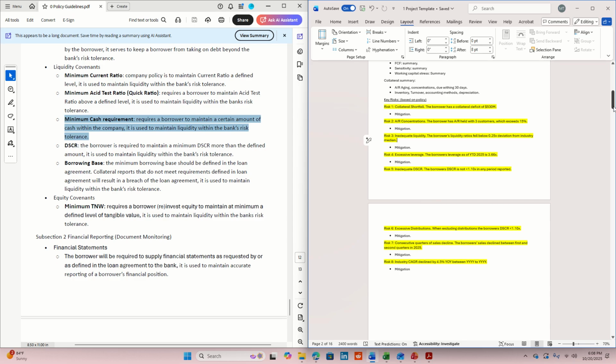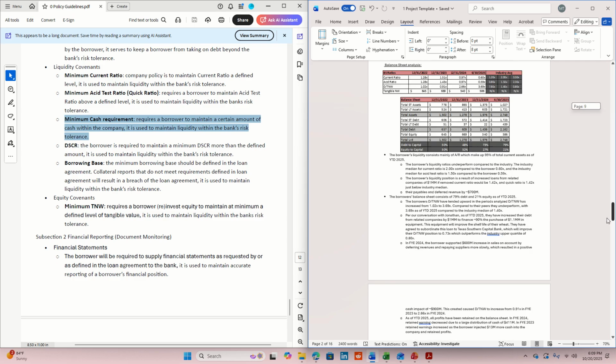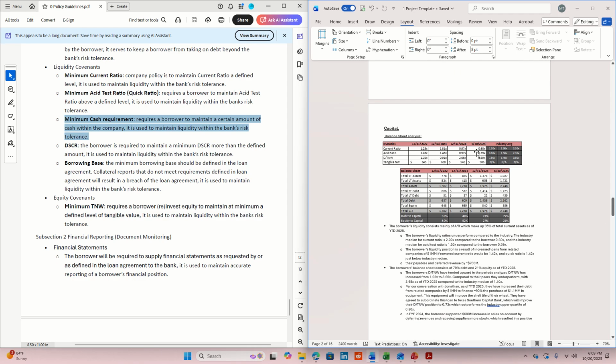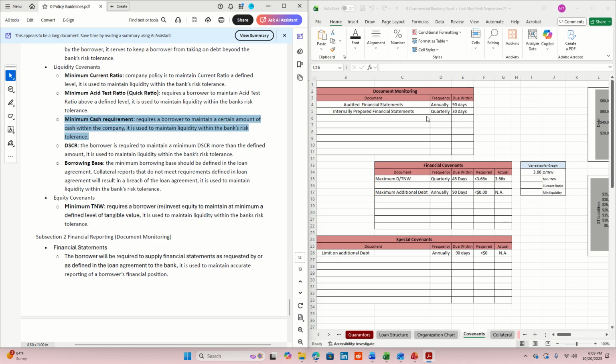Okay, so let me check and see what they're at. So 0.59 compared to 1.5, and then 0.6 compared to 2. Okay, so I have to cite, I'm going to give them an acid test ratio because my company, remember, my company does not have inventory.